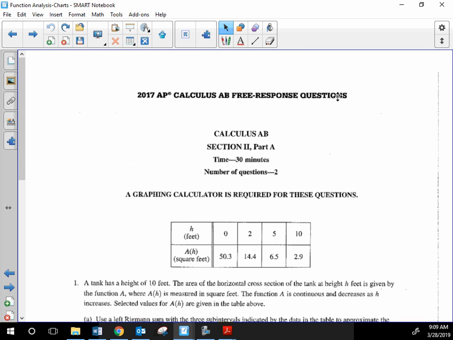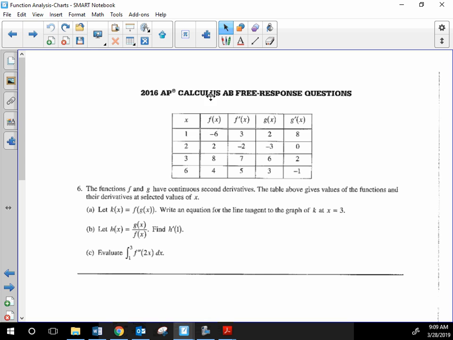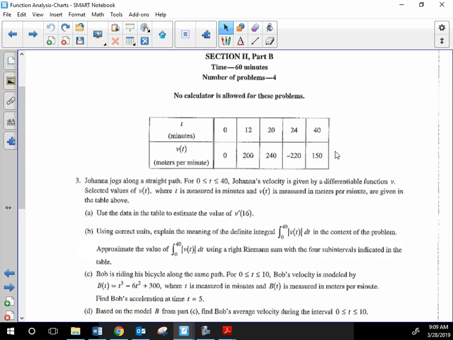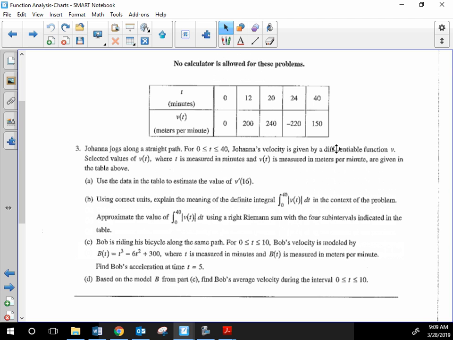Okay, so 2015 I feel like is what I would have guessed, as this is what they used to have. Our function analysis type questions were typically along these lines, where they'd ask you to estimate approximately something. They would ask you something about maybe total distance.